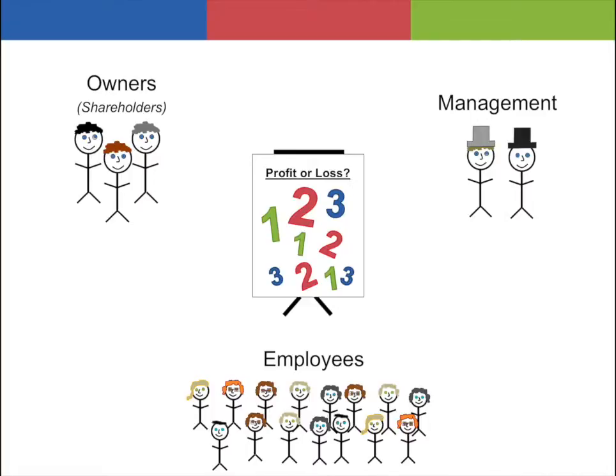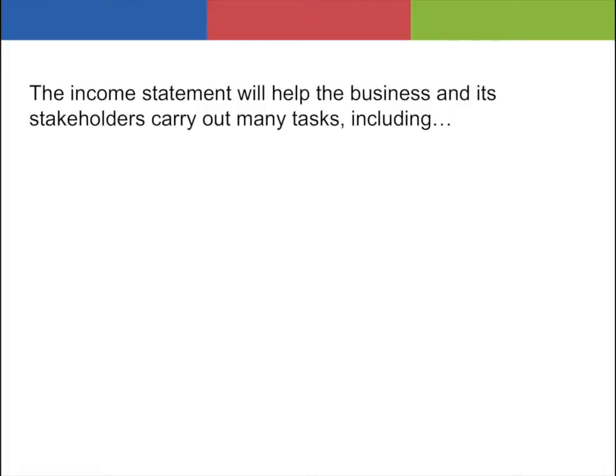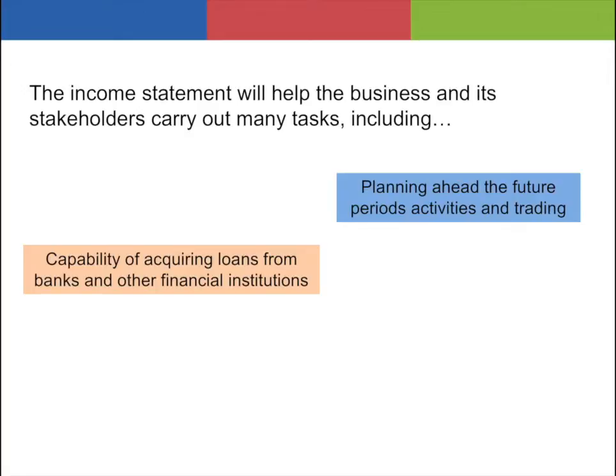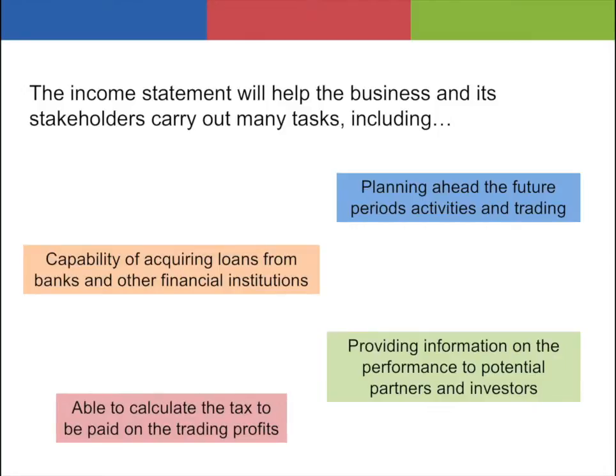This is where the income statement is helpful to identify what profits or losses were made by the business during a period, and additionally it will help the business and its stakeholders or users of information carry out many tasks, including planning ahead the future period's activities and trading, the capability of acquiring loans from banks and other financial institutions, providing information on the business performance to potential business partners and those who might invest in the future, and also being able to calculate the tax to be paid on the trading profits.